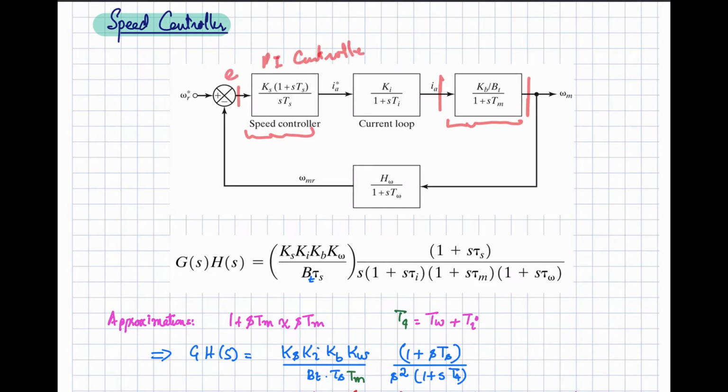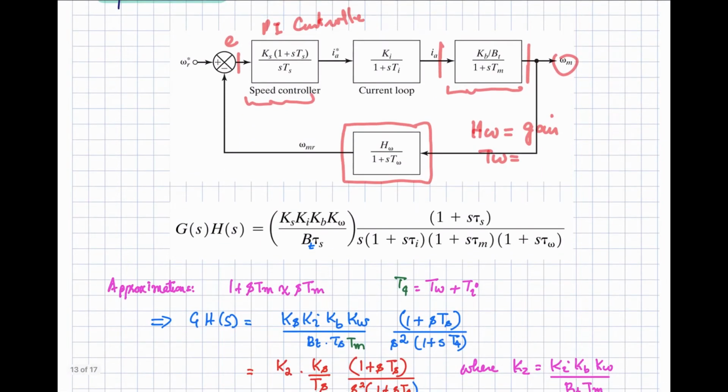It will look at the error at this point, and we will adjust the gains of this PI controller in such a way that it will be generating the current command which will be implemented by your current loop, and then that current will develop certain mechanical representation, that is in terms of the speed, and then that speed will be fed back to this comparator through this sensor, and this is representing the transfer function of your sensor, where h omega is the gain of your speed sensor and the t omega is the delay that is generated because of the speed sensor.